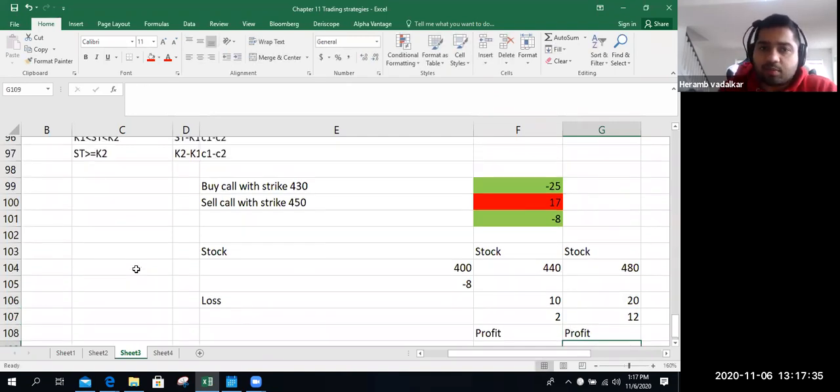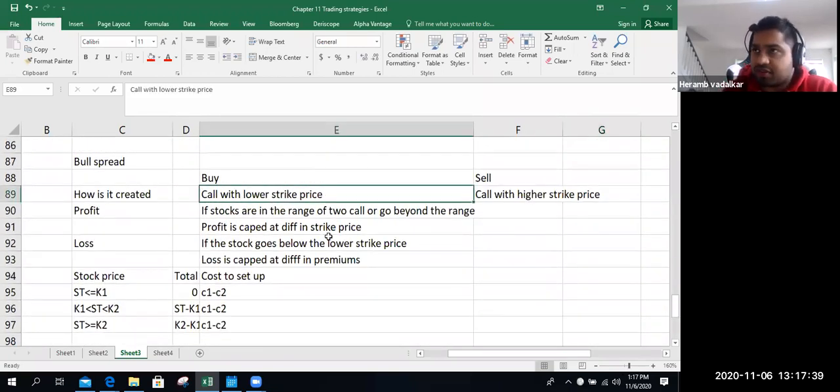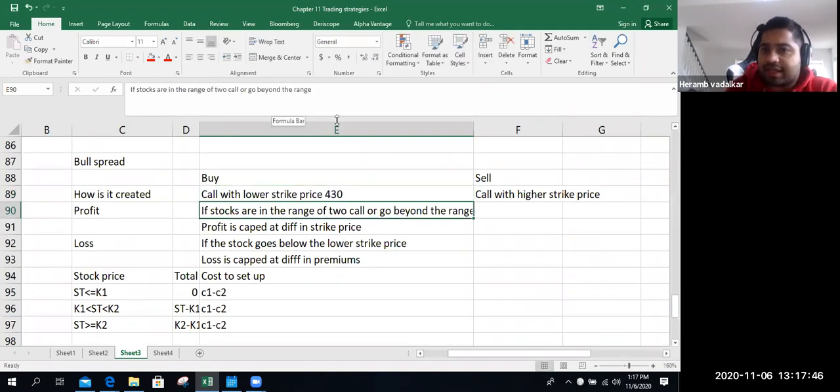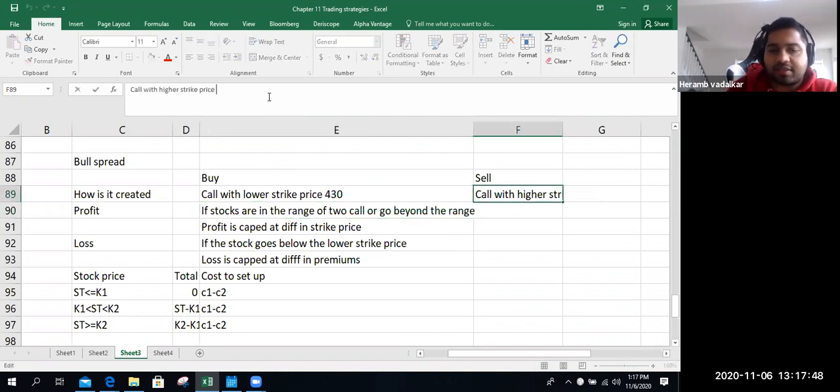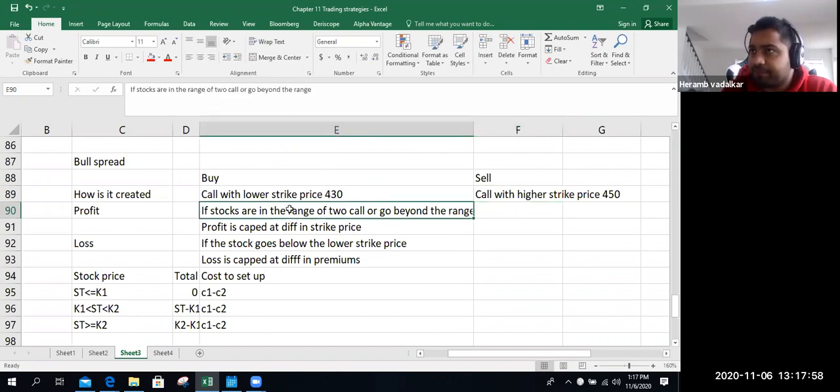Okay. So a bull call spread is created by buying a call with a lower strike price, which in our case was 430, and selling a call with a higher strike price, which in our case was 450. You make a profit if the stock is in the range. If the stock price is between 430 and 450, you make money.